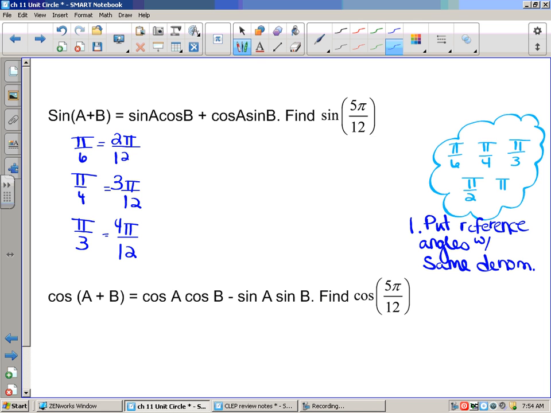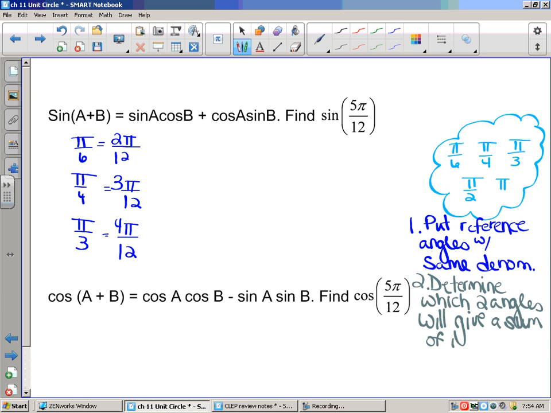Now, second step: you need to determine which two angles will add to give a sum of what you need.